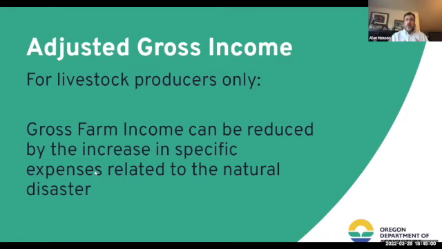The way you can use that to deduct from your 2021 income is you would look back to the 2017, 2018, and 2019 tax returns, or your Schedule Fs, figure out what the average amount of those expenses is, compare that to your actual 2021 expenses, and the difference you can deduct from your 2021 income.